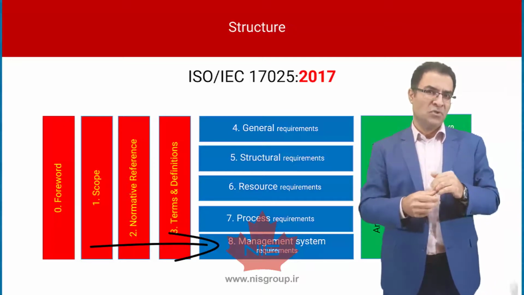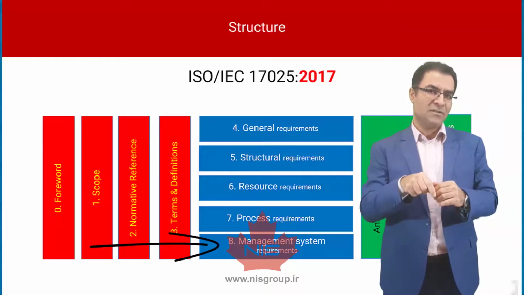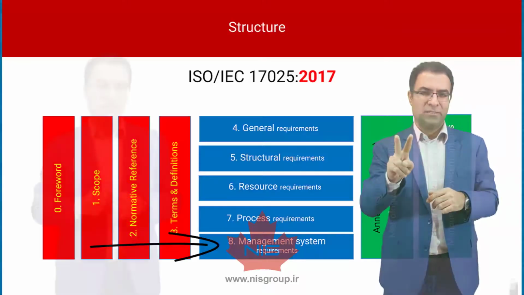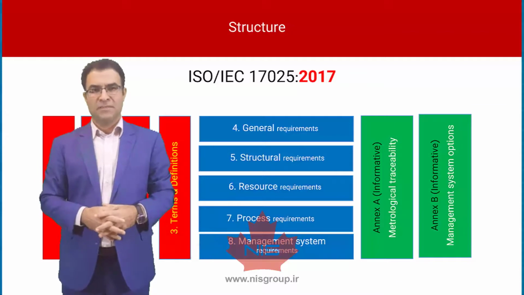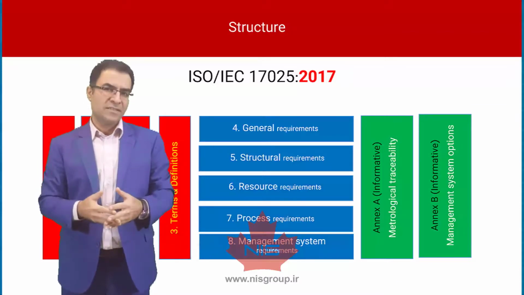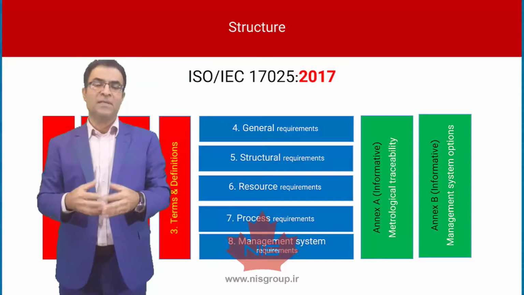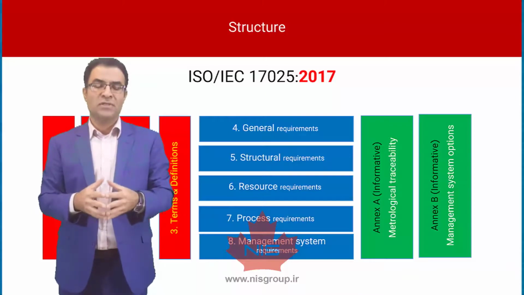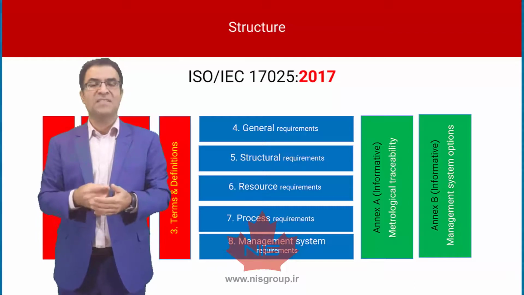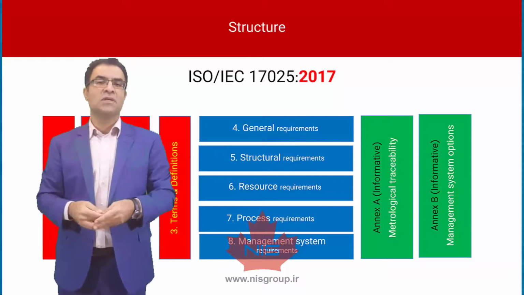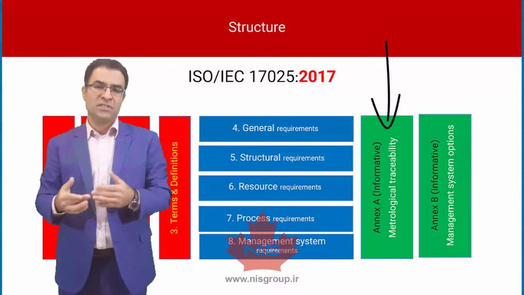So you would understand that this standard has at least 2 annexes. Annex A of the standard is called Metrological Traceability. In this annex, the standard tries to help the laboratory to make sure that the testing or the measurement that the lab does is traceable to the international chain or international sources.